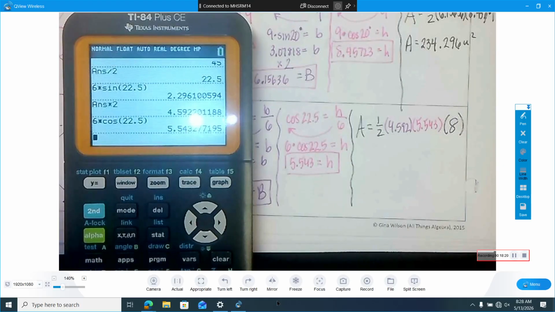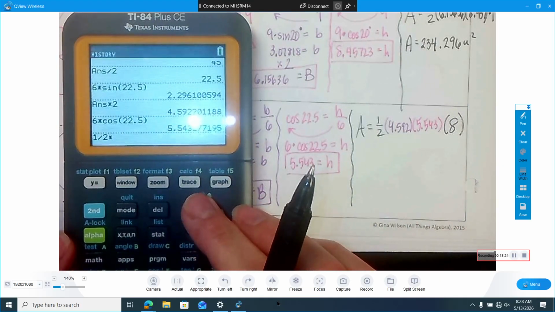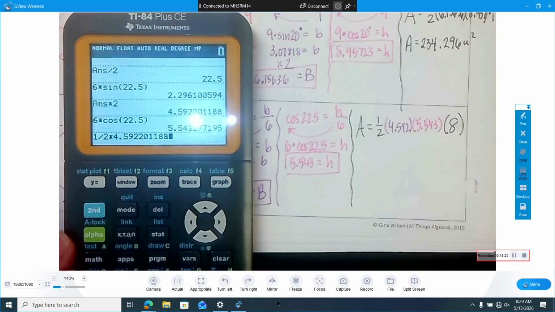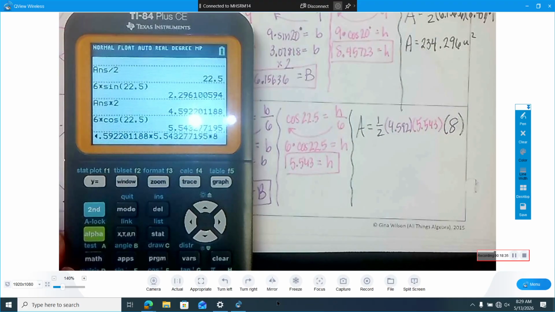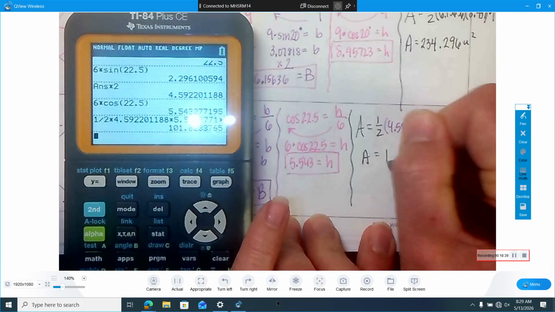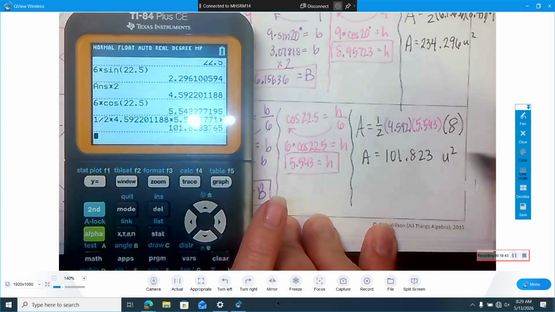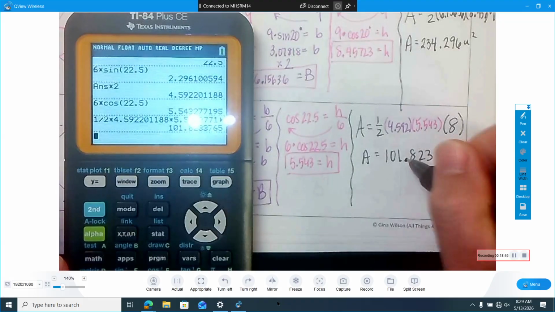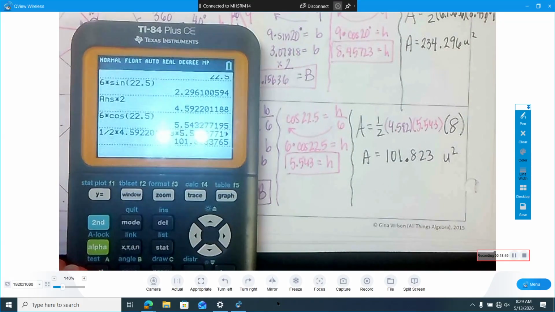And again, I'm just going to pull all those numbers right from my calculator. So 1/2 times the 4.592 times the 5.543 times the 8. So this is where these calculators come in super handy. And so we get 101.823 units squared. I don't know what they're going to have you round to in Delta Math, so you're going to have to read carefully.